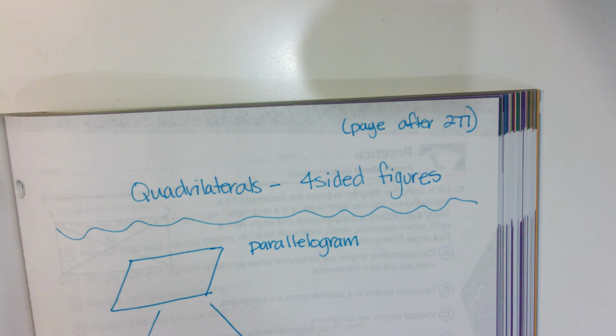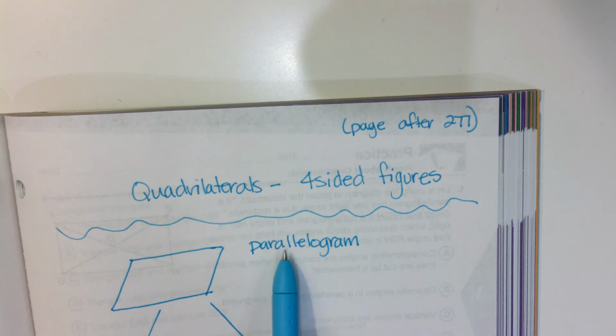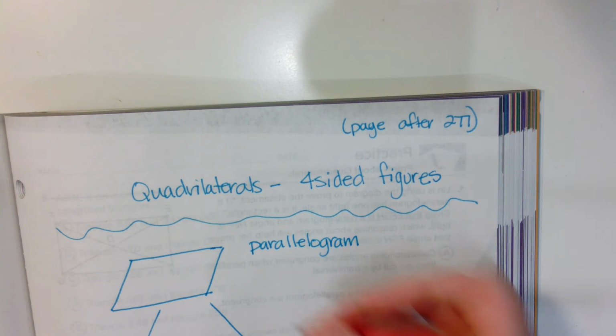So one type of quadrilateral is a parallelogram. So let's separately, with some sort of dividing line, draw a parallelogram sketch and label it a parallelogram. There's some things that you and I know are true about a parallelogram.